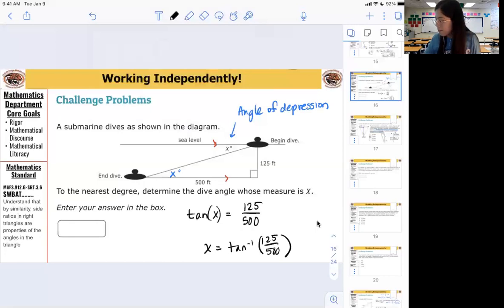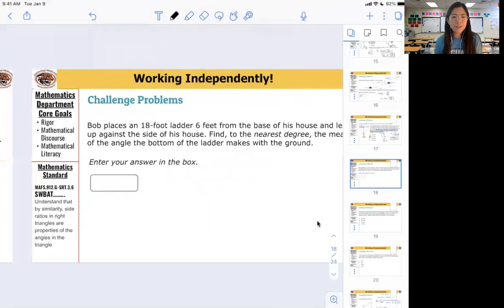That's what I was doing wrong. There we go. What do you get? I got the same thing. 14 degrees. So this one's 14 degrees. Questions on this one? Or you guys got it? You got it. Okay. Cool.